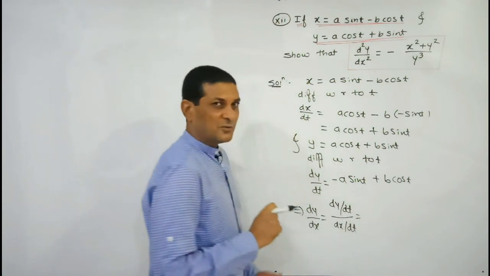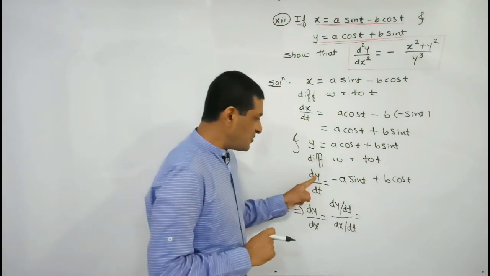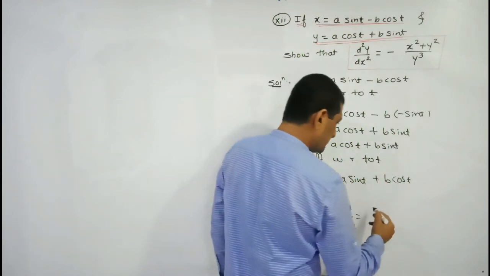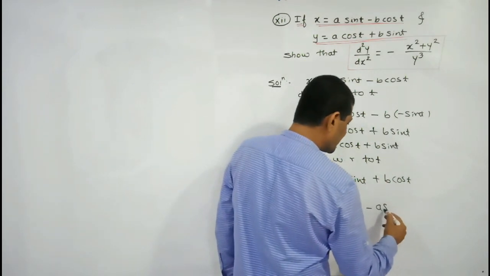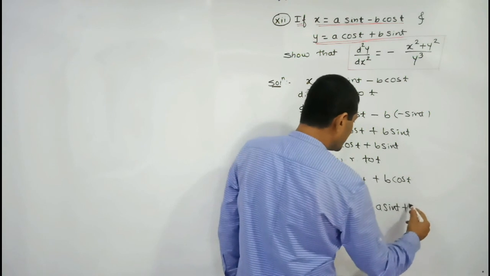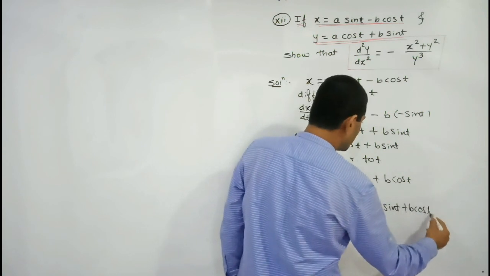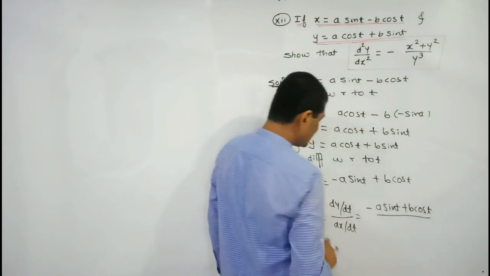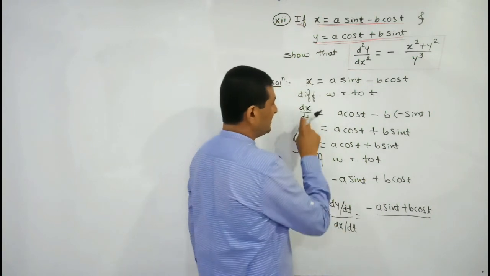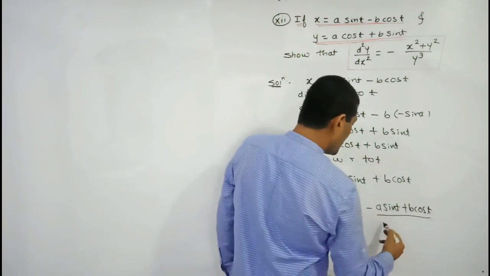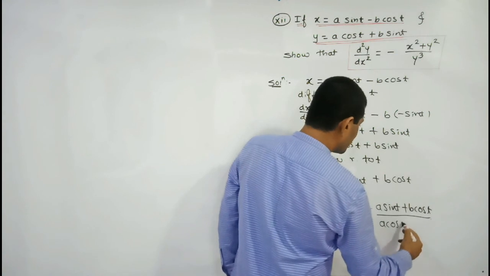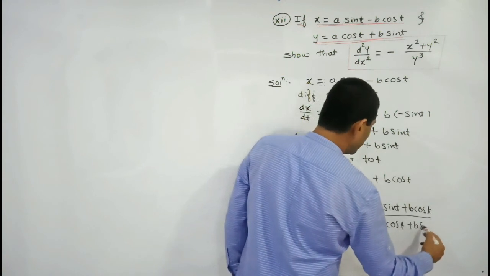So which is equal to, in the numerator we are substituting the value of dy upon dt, which is nothing but minus a sin t plus b cos t, isn't it? And in the denominator substitute the value of dx upon dt, where dx upon dt is a cos t plus b sin t.